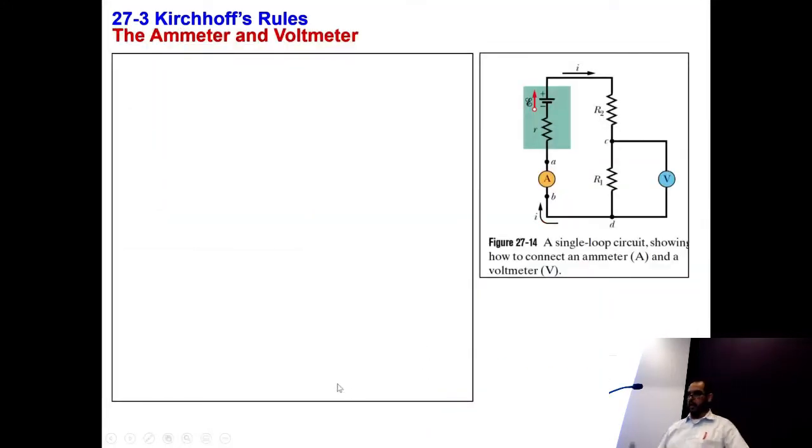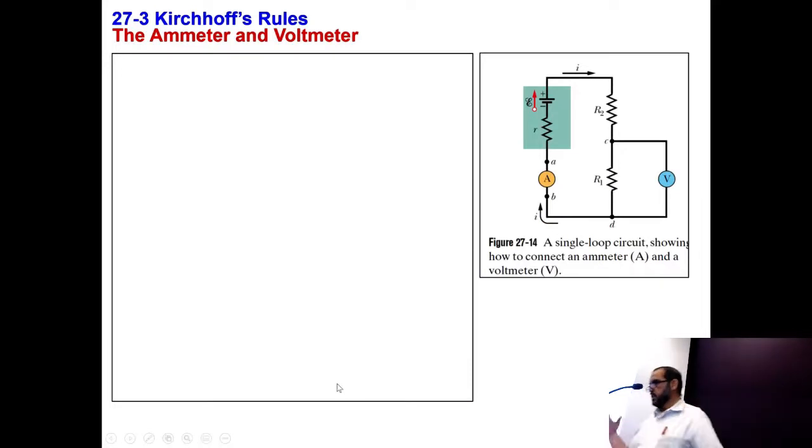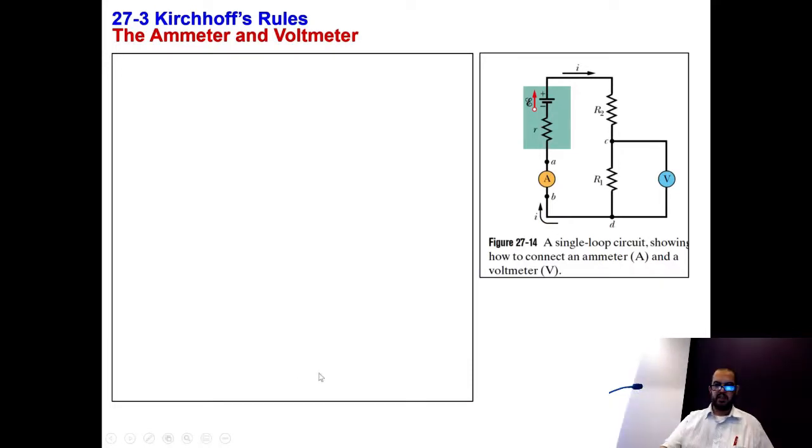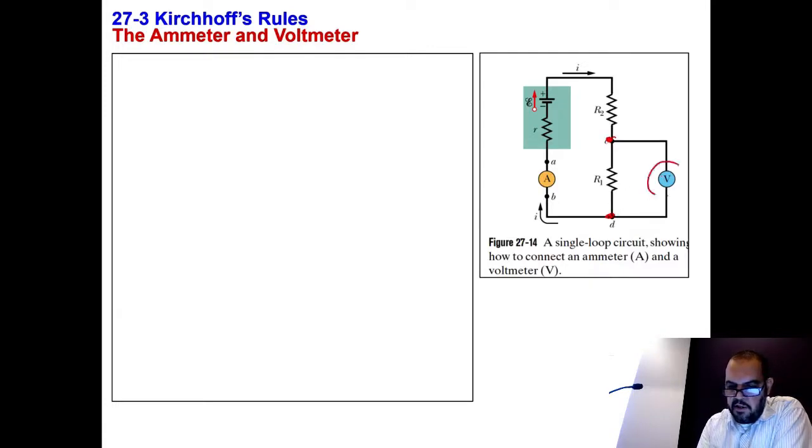Okay? In your labs, you are going to use voltmeters and ammeters. A voltmeter is usually connected in parallel. So if I want to determine the voltage between point C and point D, I just bring the voltmeter and connect one side to point C, one side to point D, and measure the voltage. Very easy. Okay? Usually the voltmeter has a very high input impedance so that it does not affect the circuit.